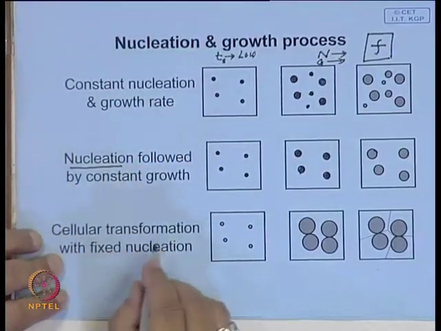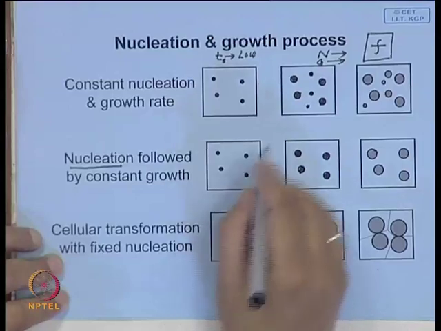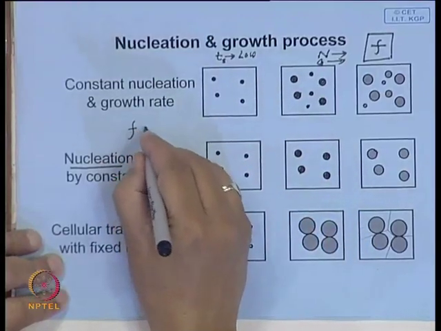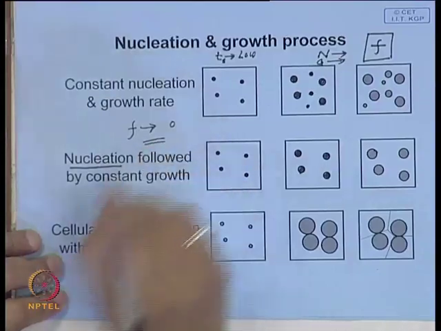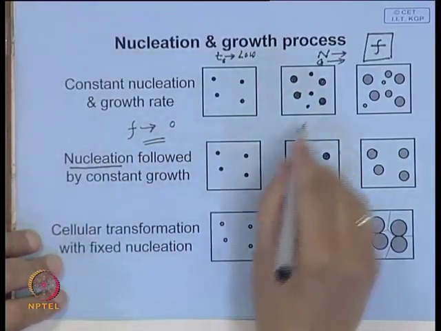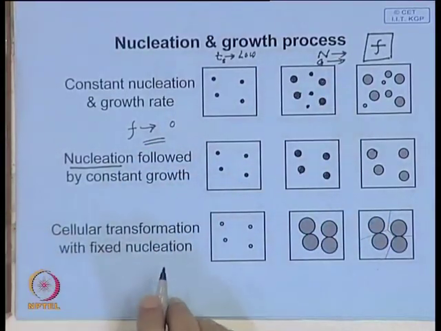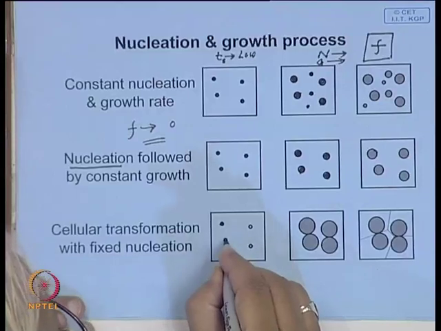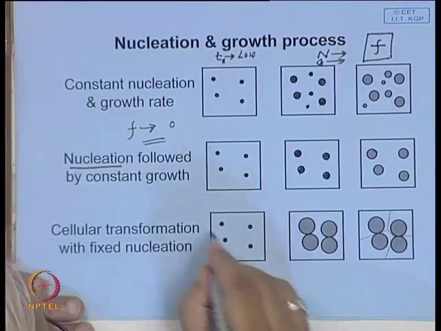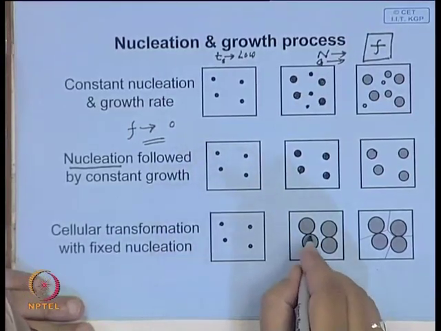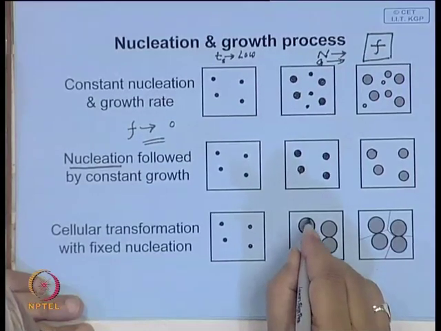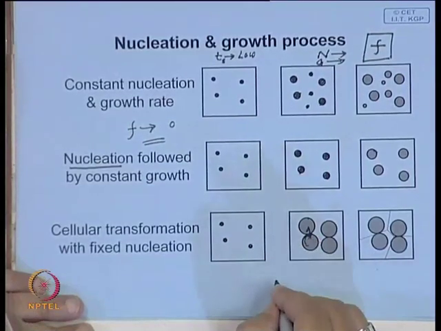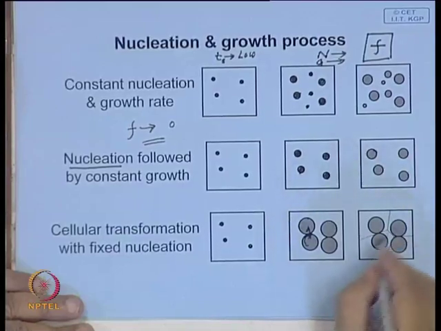Now, another thing can happen as the process continues. When f is very low, when f is nearly equal to 0, the question of impingement does not arise. Here, at this nucleation, the question of impingement does not arise, but when it keeps growing, when it has grown to this level, then growth in this direction is inhibited, and ultimately this cannot grow.